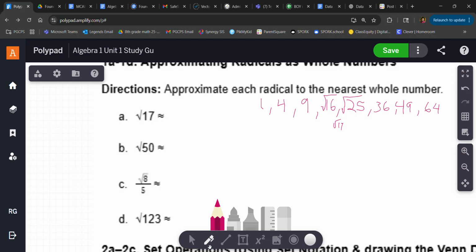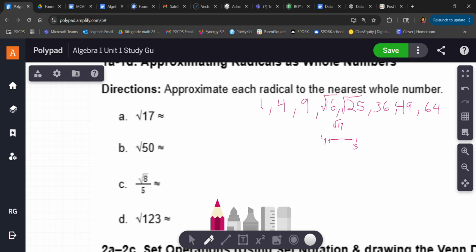Now, because these two are perfect squares, you can actually find which numbers these are. And in this case, the square root of 17 is going to go in between 4 and 5 on the number line. So it'll be something like 4 point something something something. The specifics in this case don't matter. We just want to round it or estimate it to the nearest whole number. It's in between 4 and 5.